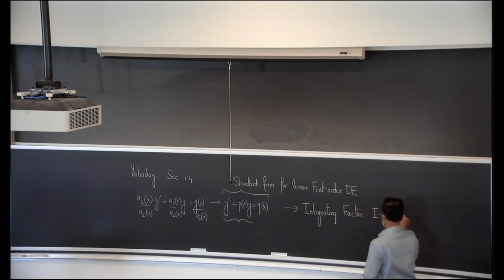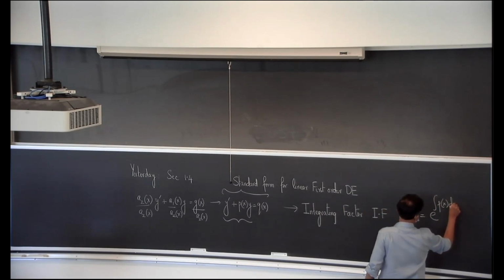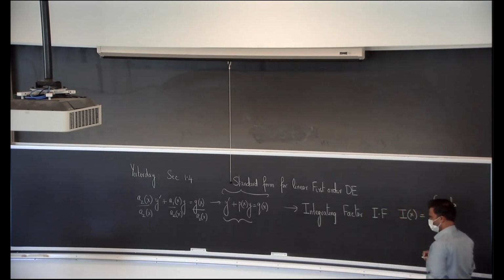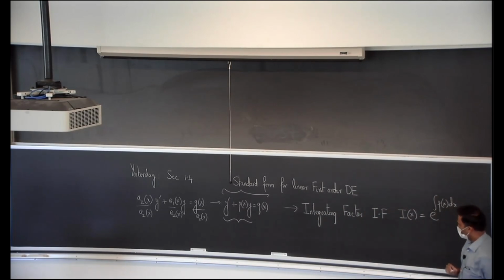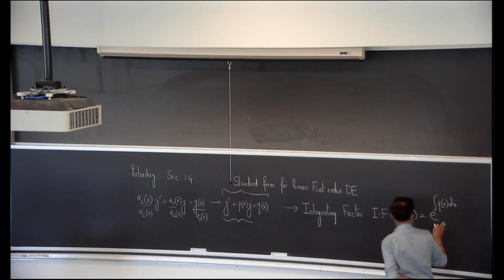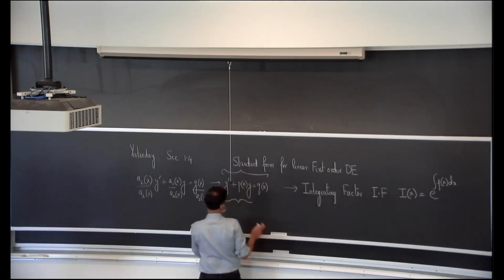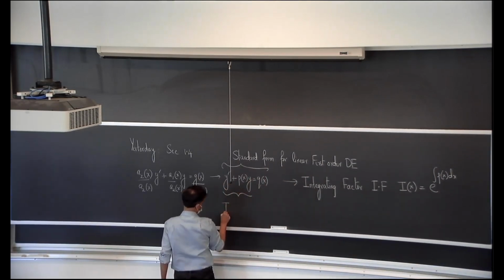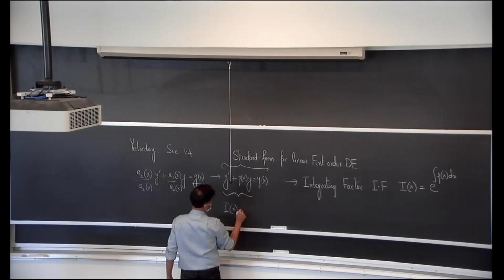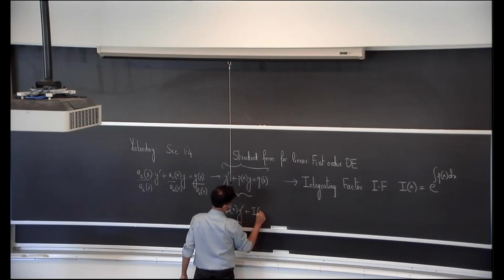The integrating factor I of x equals e to the power of the integral of p of x dx. So p of x is the function or the coefficient of y. It could be a function or a number that depends on the equation. Once you get this without making any mistakes, the guarantee is that once you multiply that on both sides of this equation, you get I of x times y prime plus I of x times p of x times y.